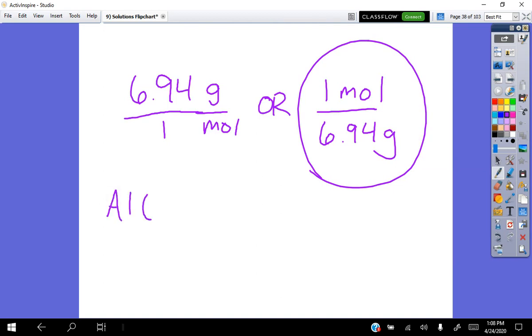Now we have to be careful because the 3 on the outside here really means we have 3 O's and 3 H's.